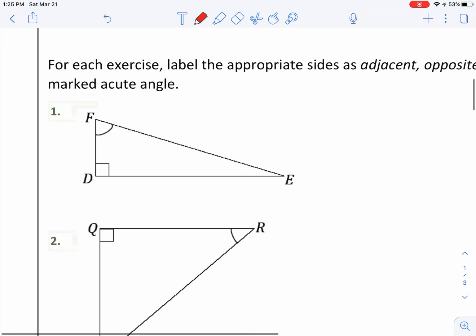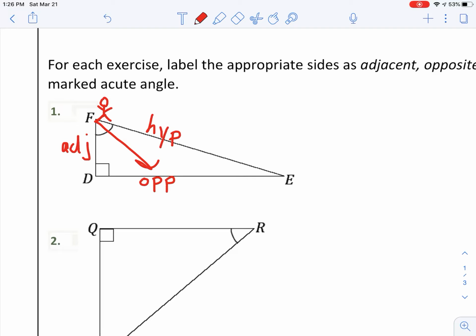So for the first triangle, you're standing, you don't need to draw it, but I will, at angle F. Think about the hypotenuse always opposite the right angle. So this is the hypotenuse. Hopefully you're like, I got this. This is easy. Here's my opposite side, which leaves this other one as my adjacent side.